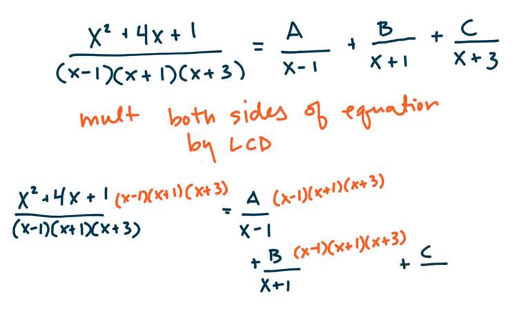Plus c over x plus 3 times x minus 1, x plus 1, x plus 3. So what this does, and I know this is all jumbled on the screen, is it causes my denominators to go away. On the left side, that denominator should always completely cancel. And then on the right side, I'm going to cancel some pieces, the x minus 1 in the a factor, x plus 1 in the b factor, and x plus 3 in the c factor.